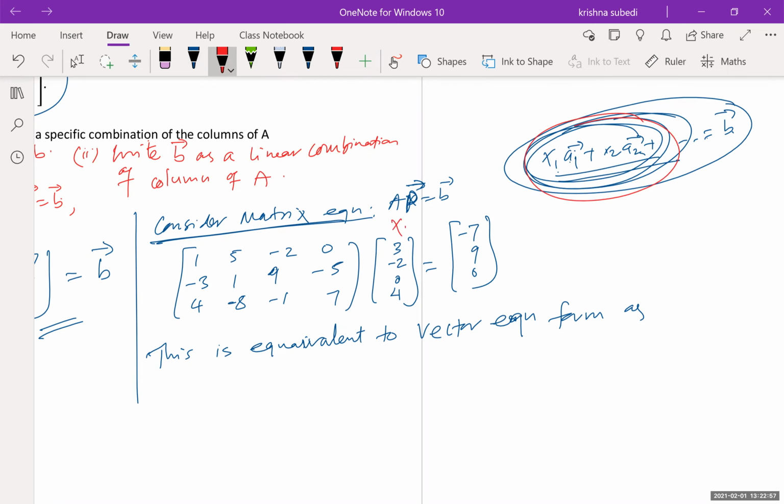This is your x, so this is your x1, x2, x3, and the columns are A1, A2, A3, A4. So they are the columns of matrix A.